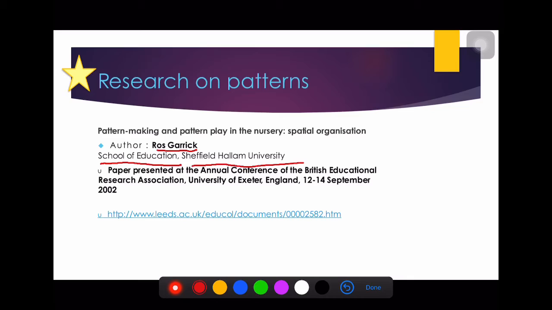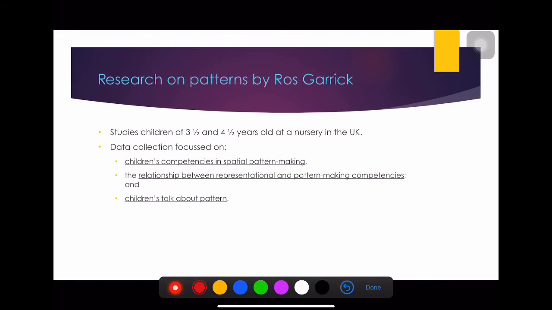This paper was presented at the annual conference of the British Educational Research Association, University of Exeter, England, 12th to 14th September 2022. This is the link to the actual paper, so you can have a look at it. But what I'm going to discuss with you will be what's in the paper.